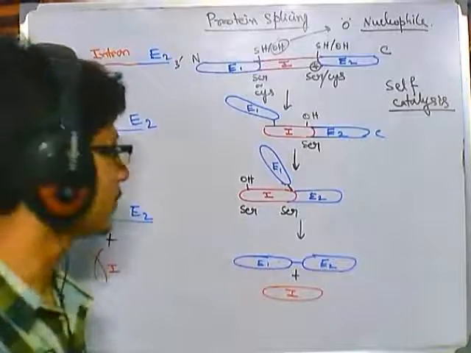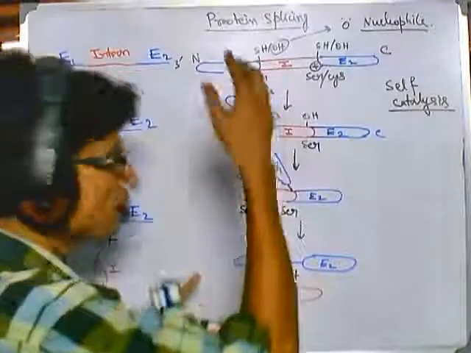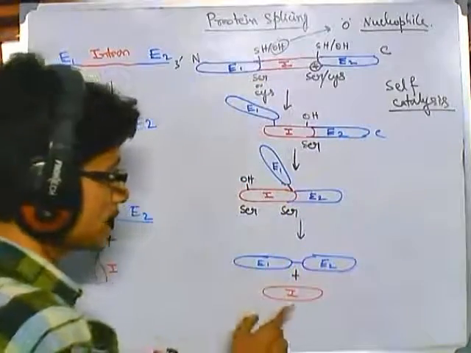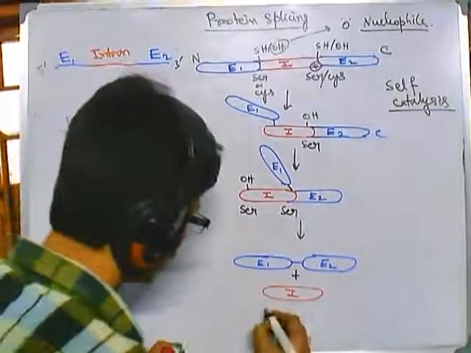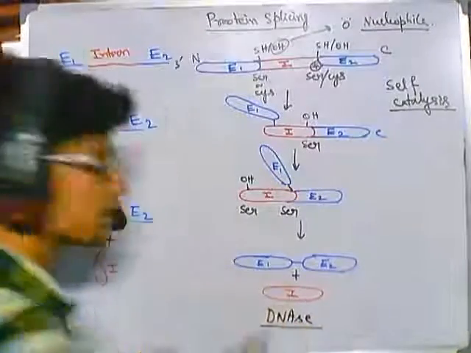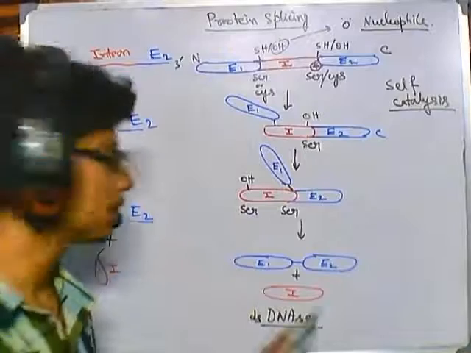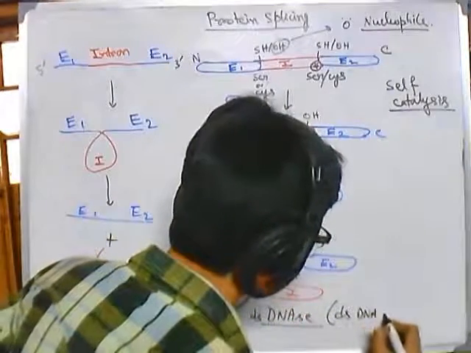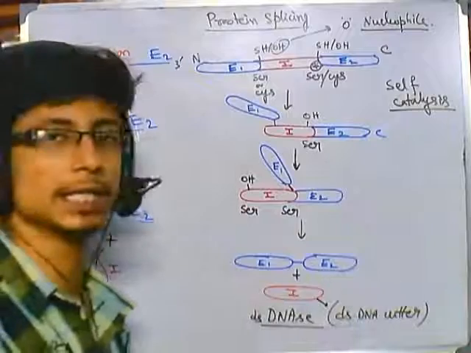That means this intein that is getting degraded from the extein systems, from this whole system, is a type of DNase. This is a potential DNase, and obviously it is a double-stranded DNA cutter. This is a potential double-stranded DNA cutter, and it is very strong. I mind you, it is very strong. So this intein is a very strong DNA cutter.